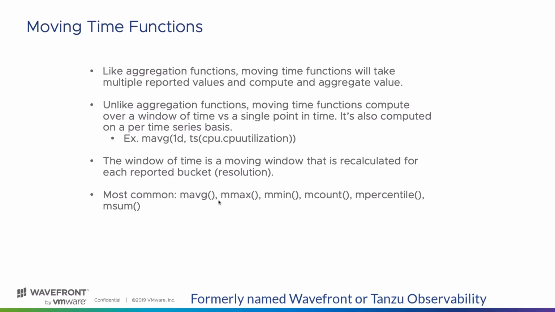So rather than sending in a bunch of lines and collapsing that down into a lesser number of lines, whenever you use any of these moving functions, you're inputting, say, 10 lines, you're going to get 10 lines out. But in this case, each individual line is going to be aggregated itself over the time period that you specified.